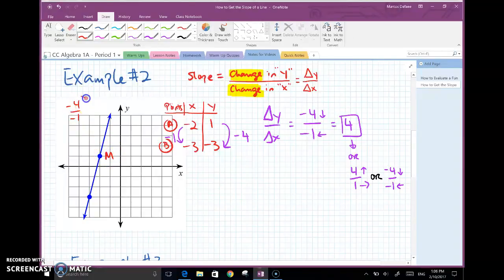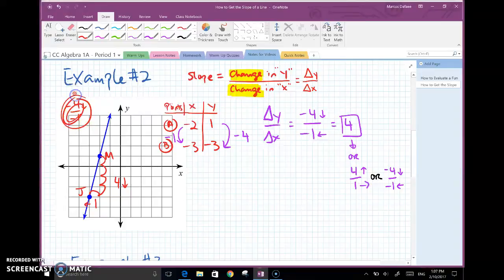So if I wanted to go with this direction, negative 4 over negative 1, I would then go down 4 times. So 1, 2, 3, 4. 4 down. And that would mean I would have to then go 1 hop to the left. And I end up at point, let's say, J, for example. Okay? So I snap back onto the line again.